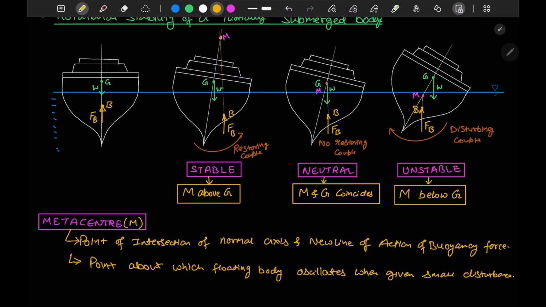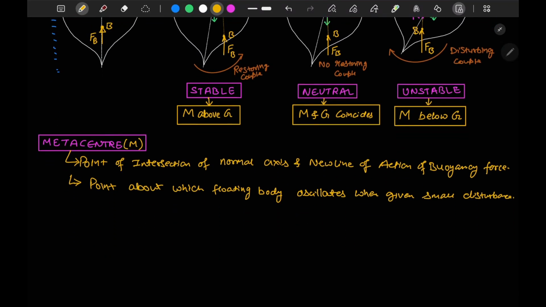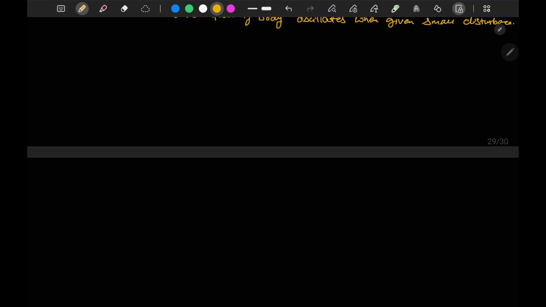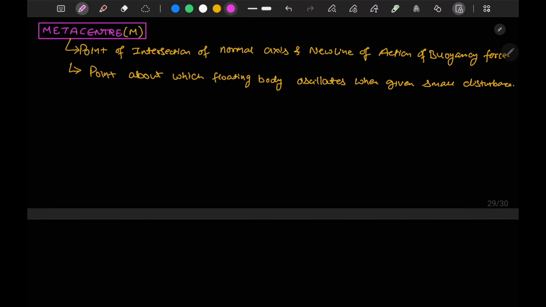Now, the distance between G and M, the distance GM, is also known as the metacentric height.